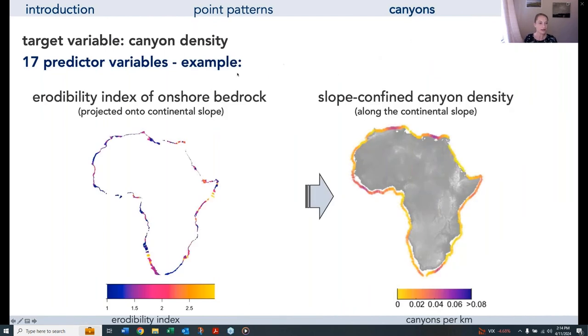We then project these predictor variables onto the continental slope, so we have the data in the same spatial window. This, for example, is the erodibility index of onshore bedrock from highly erodible to durable, and that's projected onto the continental slope, so we can then use it to predict slope-confined canyon density.